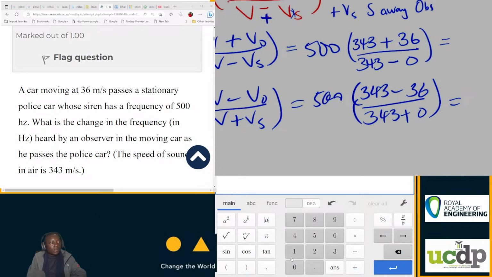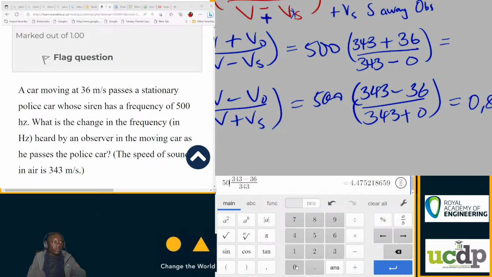So that's 343 minus 36, divided by 343. That gives us 0.8895. Sorry, that's times 500.